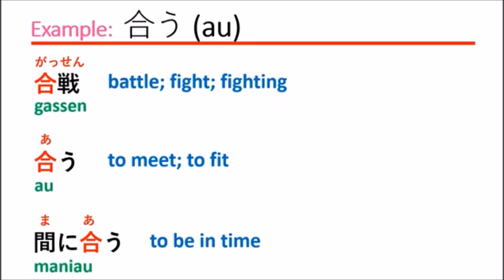The first letter in the expression maniau means the time or the distance, and when the time is combined with the kanji of au, it means you can fit with the time, so we can translate it in English as to be in time. You actually hear this word when you go to work or have an appointment with someone.